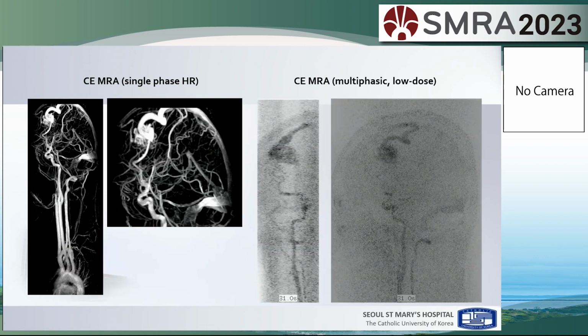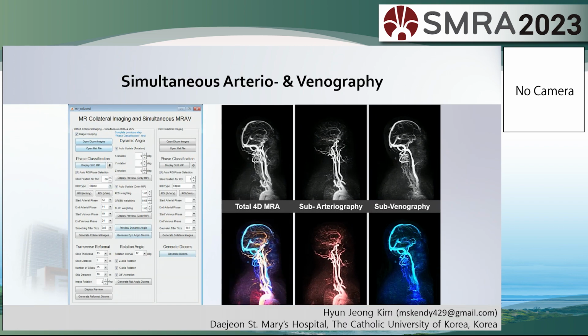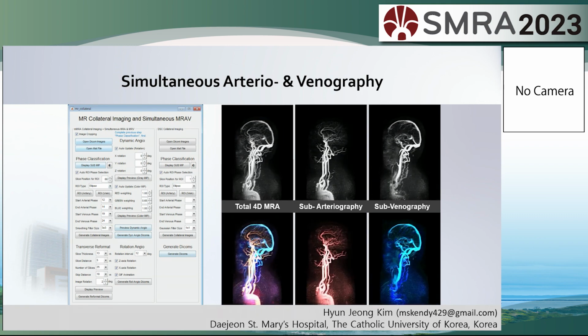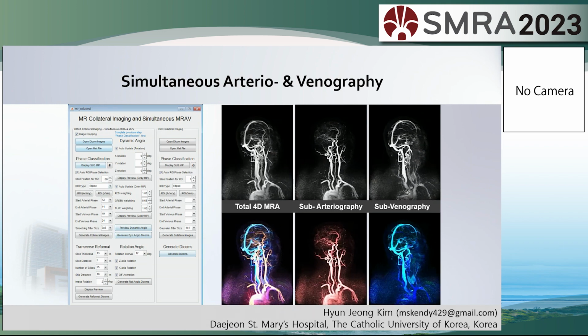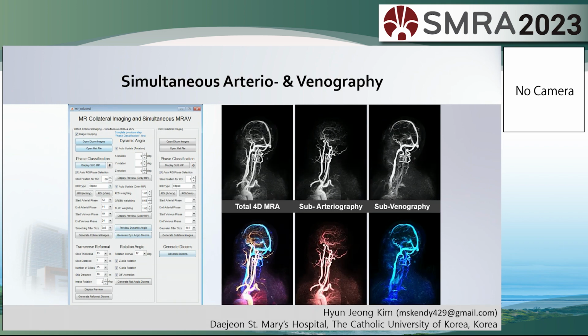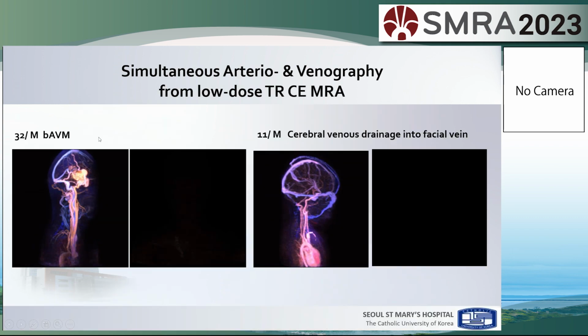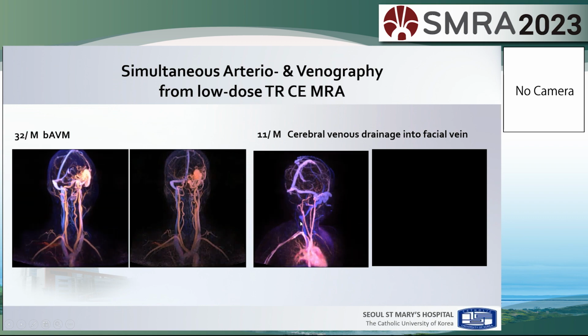It can be augmented by utilization of contrast enhanced MR angiography, as seen here. And with post-processing of multiphasic MRA to get arterial or venous separation, you can get an easy look at the vascular malformation or shunt. Like here, this is an arteriovenous shunt, and this is a venous malformation, not an arteriovenous shunt.